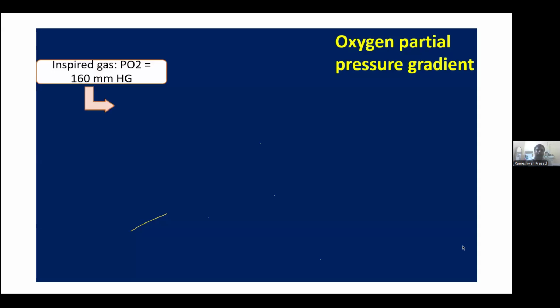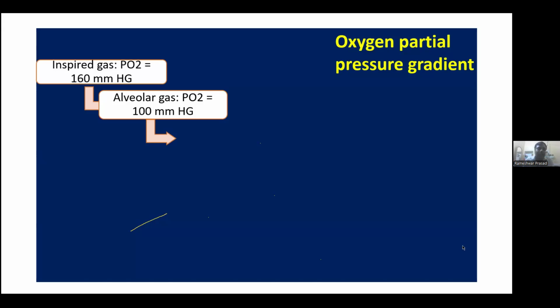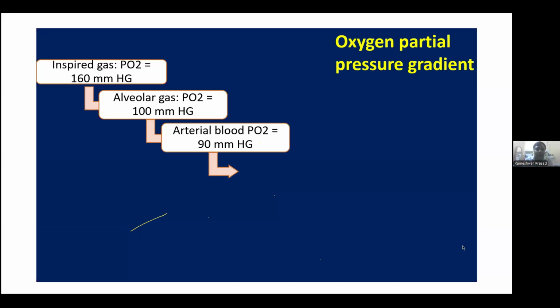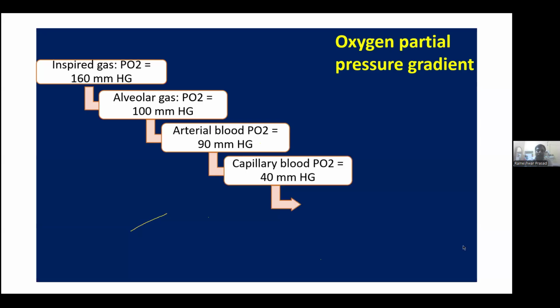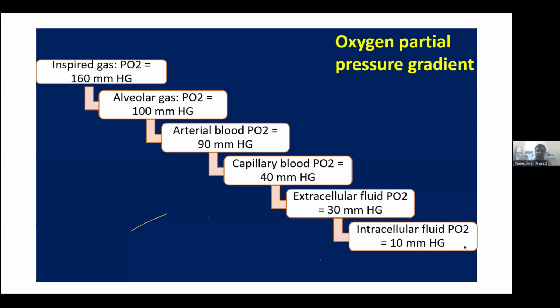So we inspire air with a partial pressure of oxygen of 160 millimeter mercury. Now when it reaches the alveoli, its partial pressure comes down to 100 millimeter mercury. After that, in arteries, partial pressure of oxygen is 90 millimeter of mercury. In capillaries, this is 40 millimeter mercury. In extracellular fluid, 30, and in intracellular fluid, 10 millimeter of mercury.